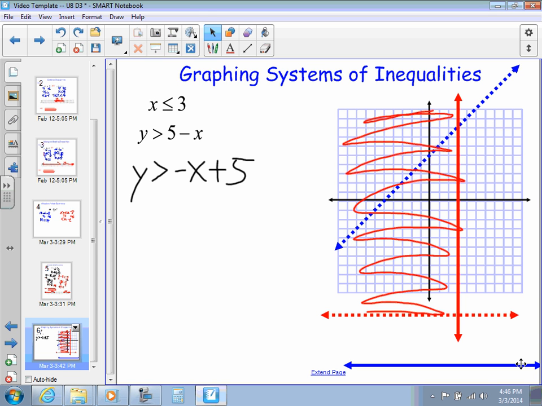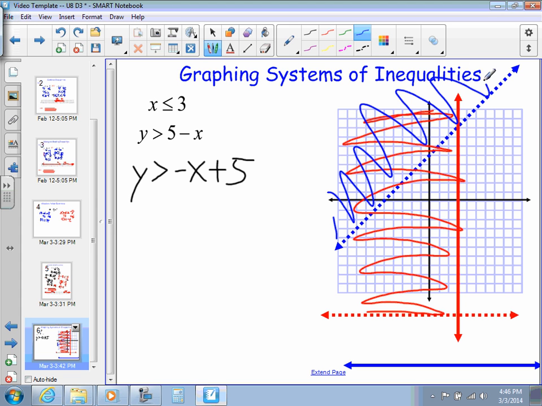So now this says y is greater than, so I'm looking for the numbers that are above, because y is greater than as I go up. So I'm looking now for the numbers above this line, like this. So I need to indicate where is the overlap here. And that overlap is this area right here.